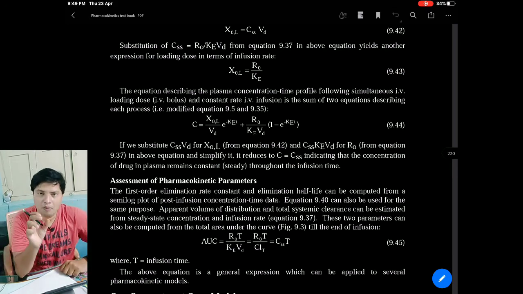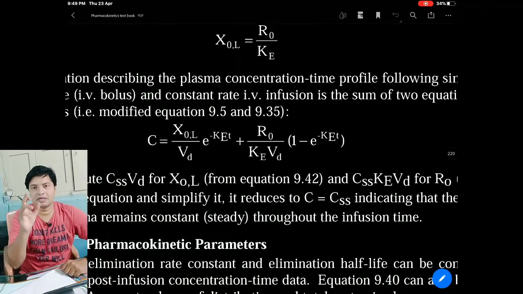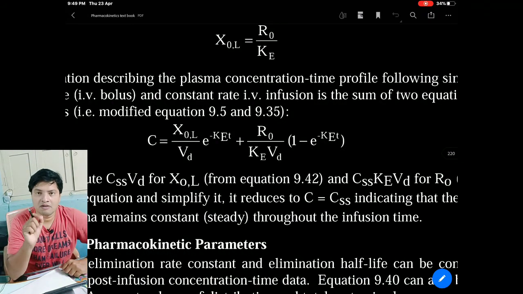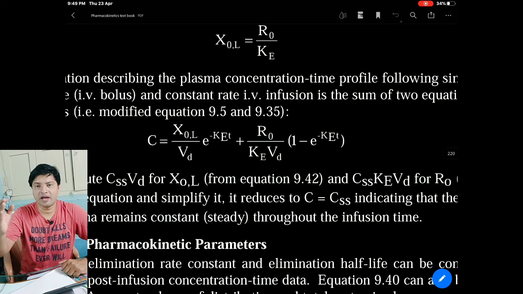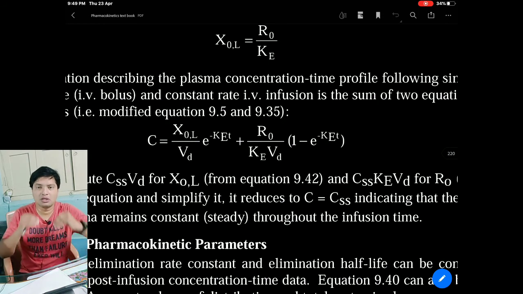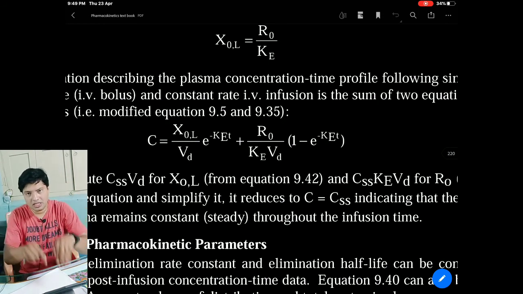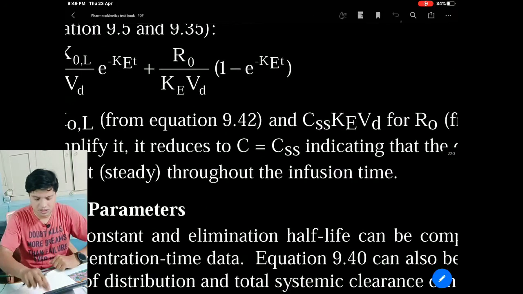So the above equation represents the concentration of drug in the body over a period of time through both IV bolus and IV infusion. In this equation, if you substitute the steady state concentration equations, it will be reduced to C is equal to CSS.